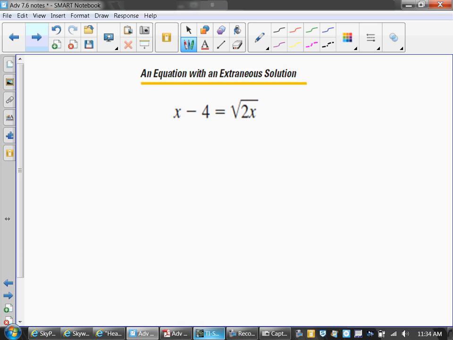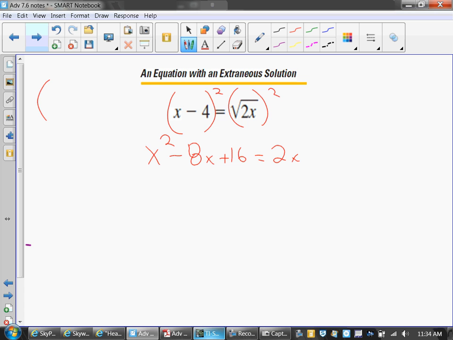So the first thing you have to do is what? Square it. Good. So you square both sides. Now, when I square x minus 4, quantity squared, what do you get? X squared minus 8x plus 16 equals 2x.